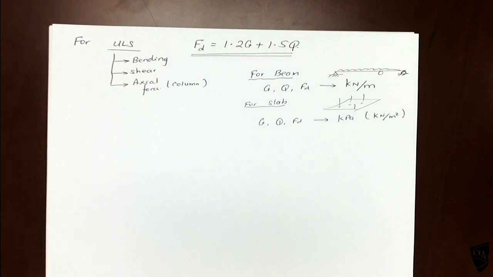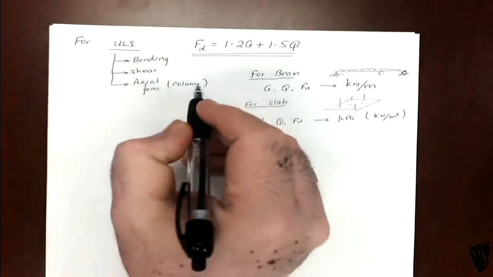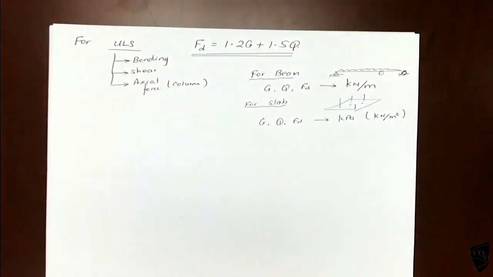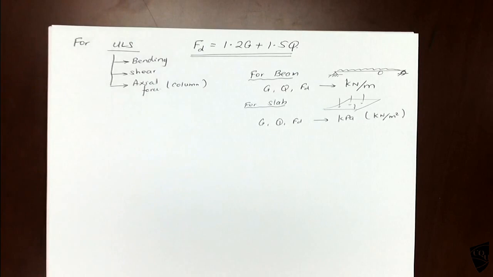We also need the shear force diagram and axial force diagram later. If you are looking at the beam or slab, we'll come to the column a little bit later. If you want to design a beam or slab, we need the bending and shear force diagrams. How do we draw them? Because if you don't know the bending moment diagram or shear force diagram, you cannot design.